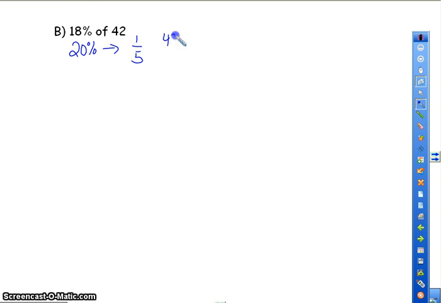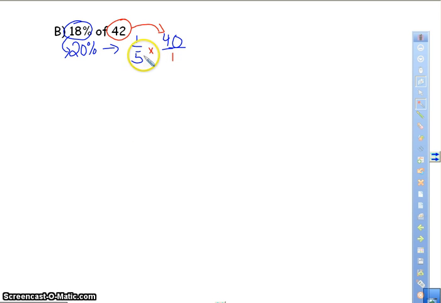Well, 42 you'll see is not compatible with 5. So I need to change 42 to a different number as well. So 18% to 20%, I want this number to be a number that 5 can divide into. Well, we know a number that 5 can divide into is 40. So not only did I change my percent, I also am going to change the number that I'm multiplying by.